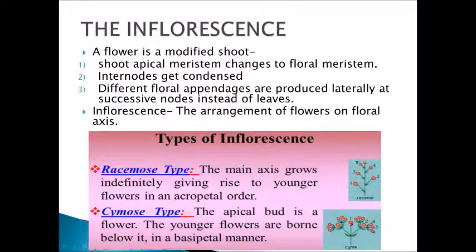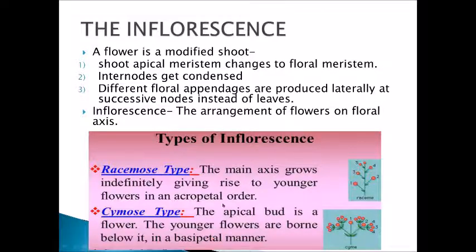Here the growth of the axis stops, this is the flower at the apical bud, then the other younger flowers develop below this. Here you can see second, then third, then fourth. That way the other flowers are born below this level.